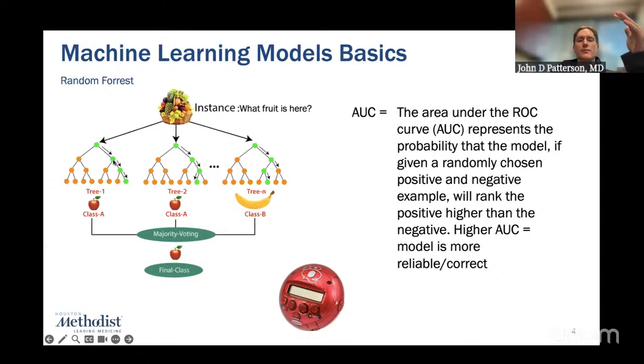Is one of them smaller than 5 inches? Yes, and you go down there and it decides apple. This one, it decides wrongly. It sees the yellow maybe, goes down the wrong path, and I guess it's banana. But within a random forest, it performs something called majority voting. It performs the same kind of decision tree multiple times, and then it'll go with the answer of the majority. So it'll just exclude that wrong answer of banana. And that's how it learns.